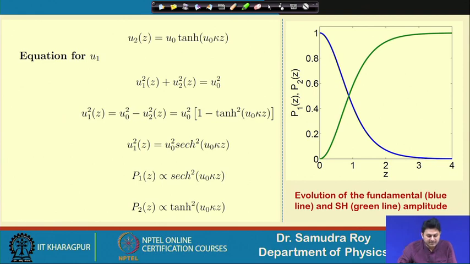It is interesting, because if you remember in the previous case, we considered that there is no pump depletion, that means u 1 is constant. In that condition, whatever amplitude we figured out for the second harmonic was proportional to z. That means it is increasing linearly.